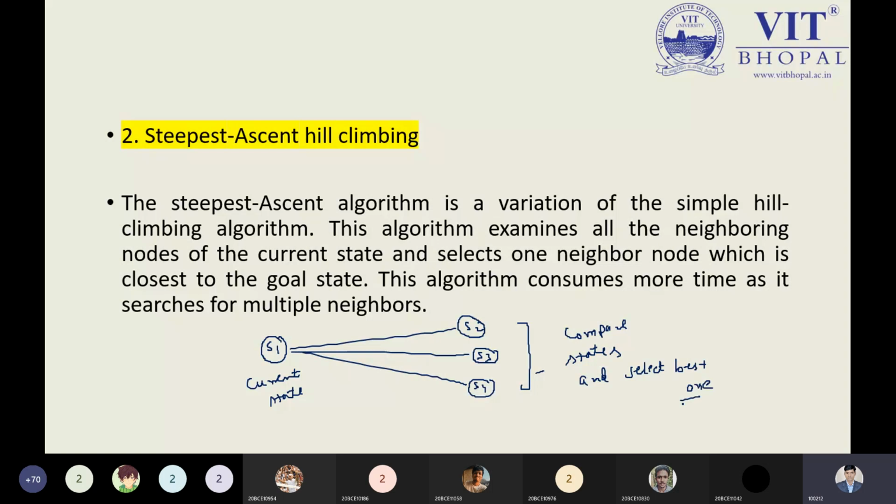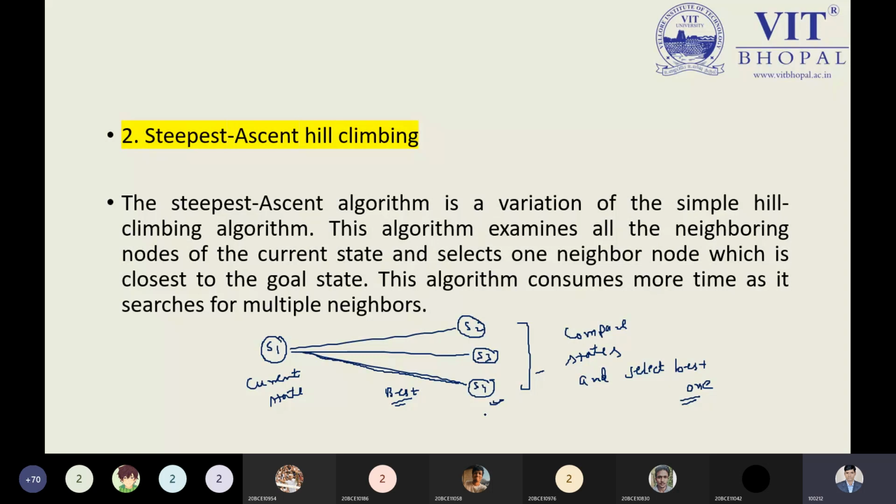Suppose I compare S1 to S2, S1 to S3 and S1 to S4, and find S1 to S4 is the best one. So I will choose this path. This approach is known as steepest ascent hill climbing. It compares all the neighbors. These are the neighbor nodes S1, S2, S3, S4.